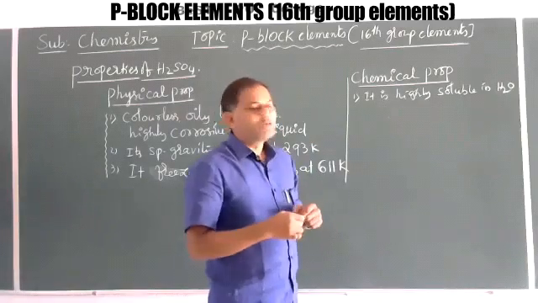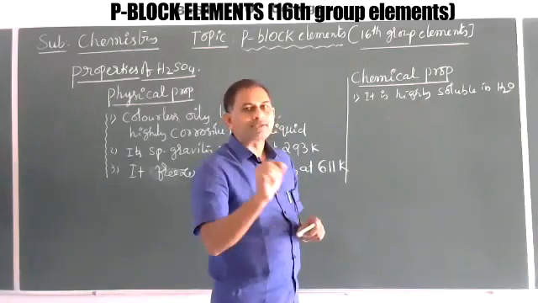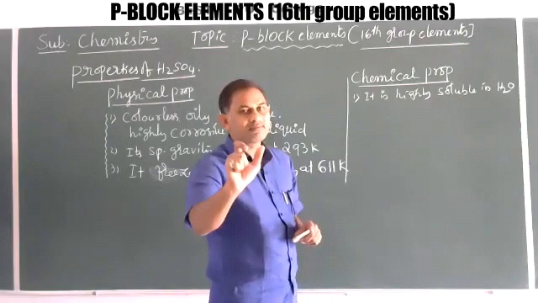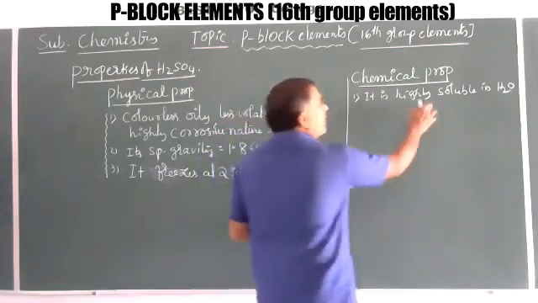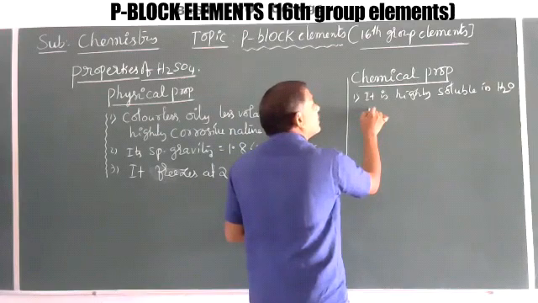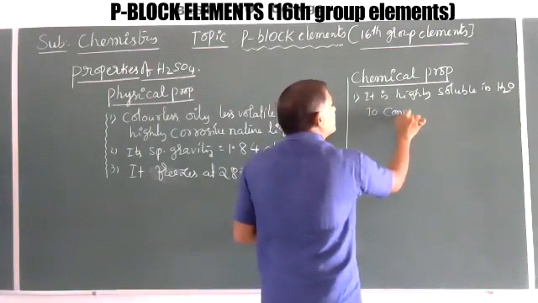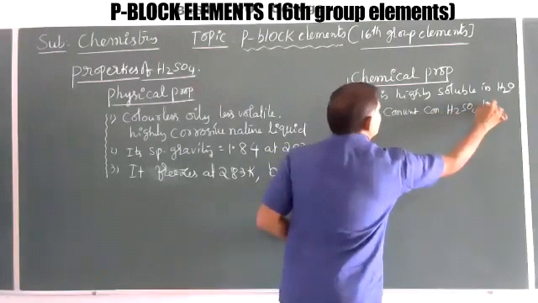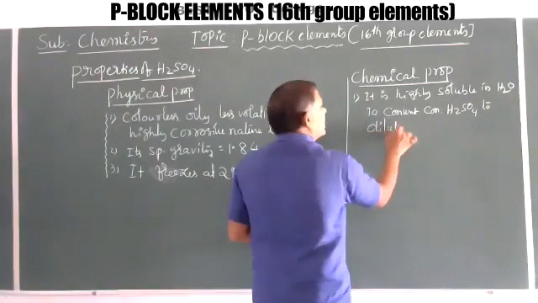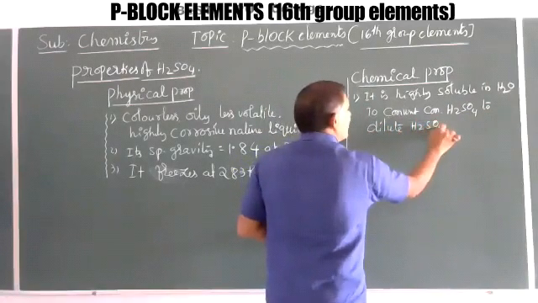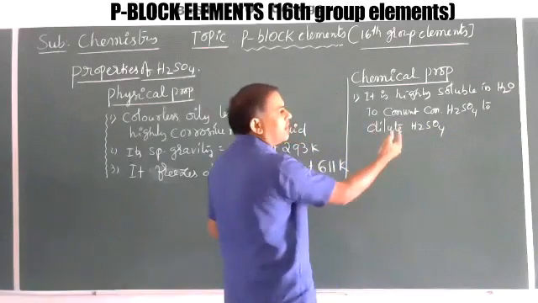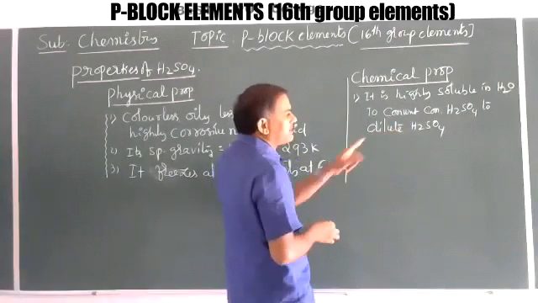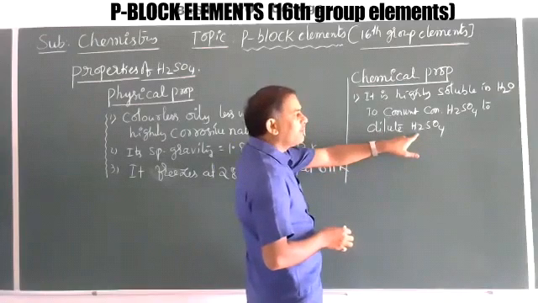While preparing dilute sulfuric acid from concentrated sulfuric acid, we must take care, because here we convert concentrated sulfuric acid to dilute sulfuric acid, H2SO4, meaning 96 to 98% concentrated sulfuric acid is converted into dilute sulfuric acid.